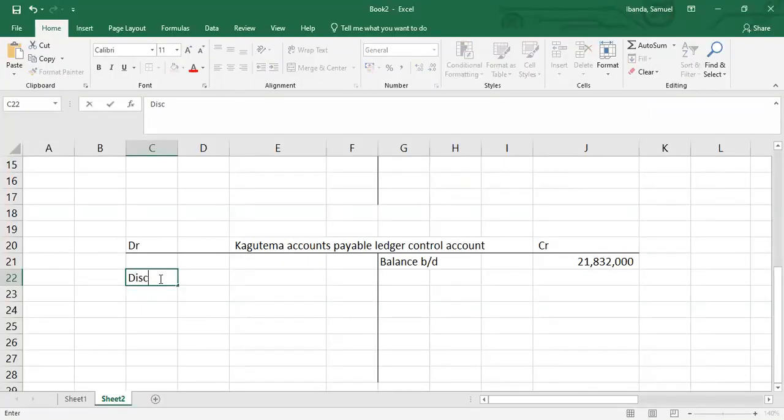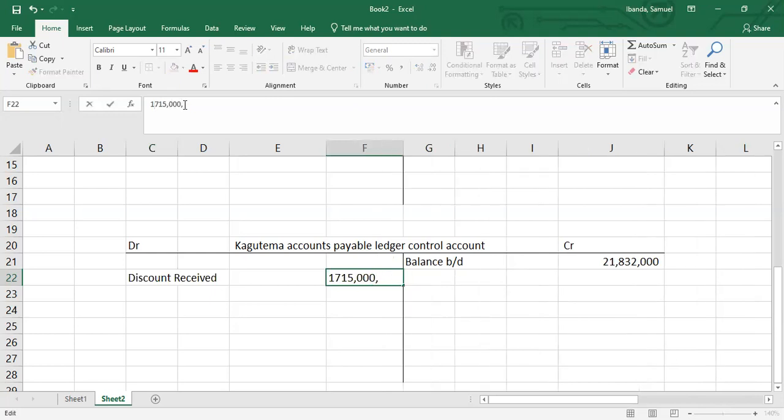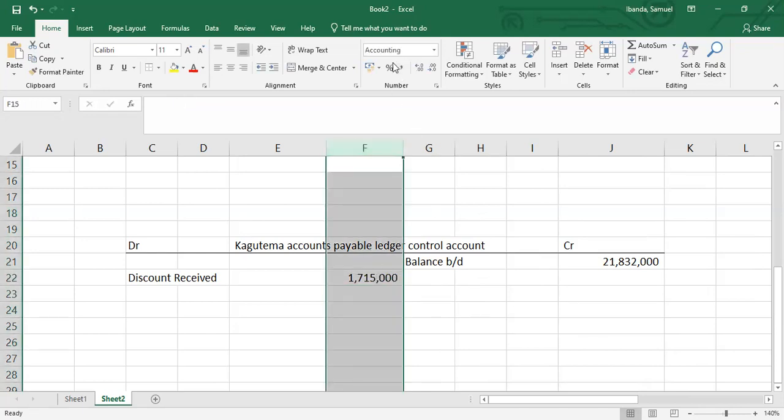So I'll come here and write discount received and write the amount right there. Just remove these commas, so that is the amount that I do have. So that is our first error. Let's see our second step.